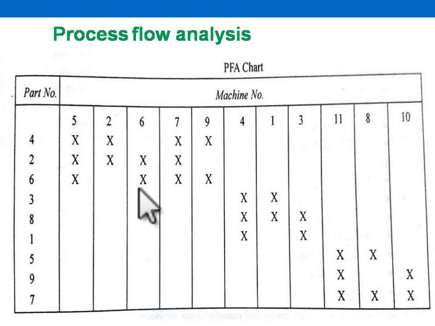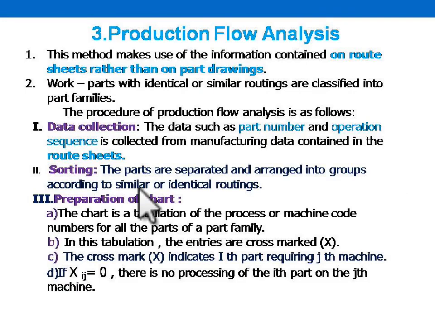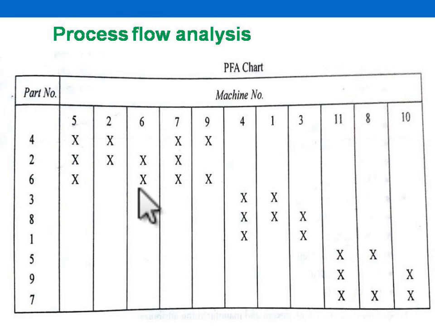That means that part doesn't require that machine. It is very simple. Only where the part requires that machining, we put an X or cross mark. So from that chart we can easily see that machine 4 is required by parts 5, 7, 9, machine 2 is required by 5, 6, 7, machine 6 is required by 5, 6, 7, 9, like that.